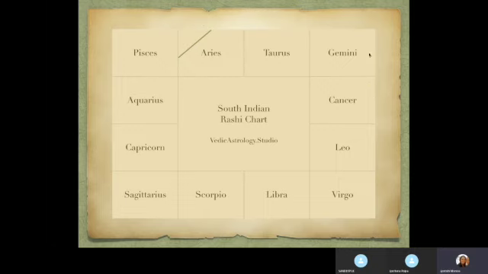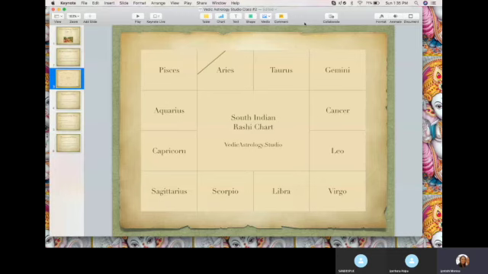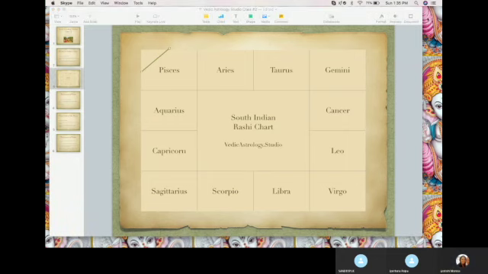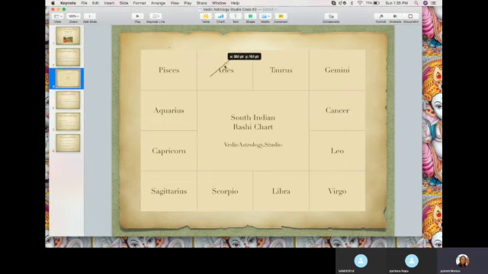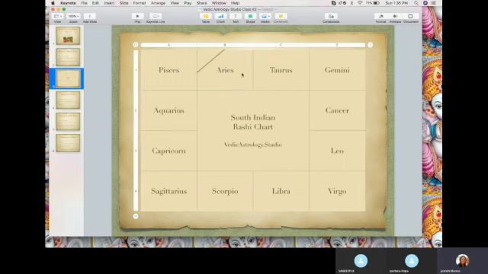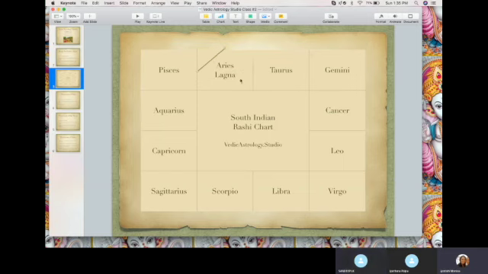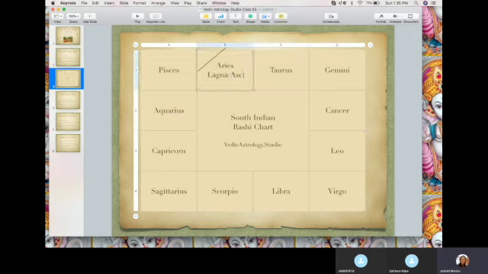So when you look at the South Indian chart, you will see this little line, okay? This little line indicates the first house, which is the Lagna in Sanskrit. So this little line indicates the ascendant, Lagna or ascendant, okay?